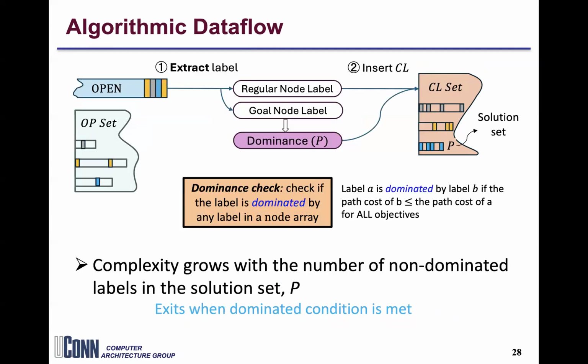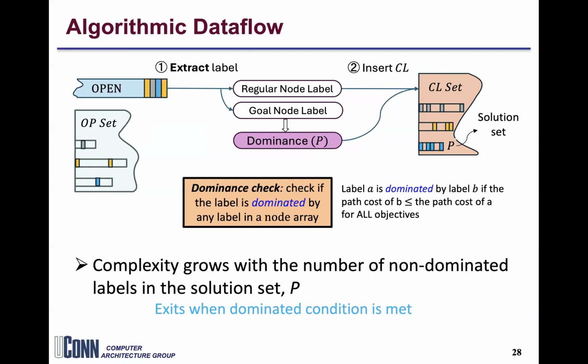Next, you extract that label from the open. And now that label is supposedly a Pareto optimal label. If it's a regular node's label, we just remove it from open and put it in closed. If it's a goal node label, that's the goal node that we're trying to reach in this algorithm.